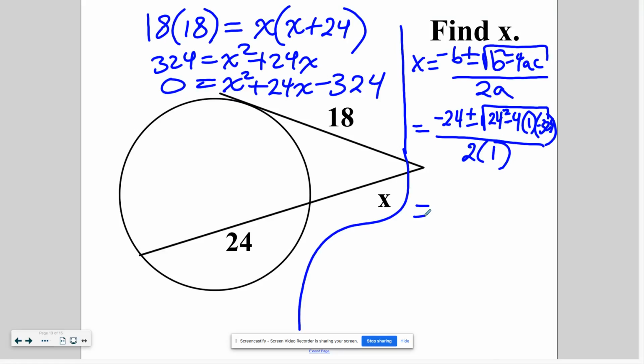If you solve that out, you will get negative 12 plus or minus 6 root 13. And that's the best you can do.